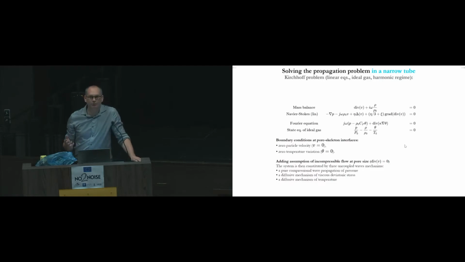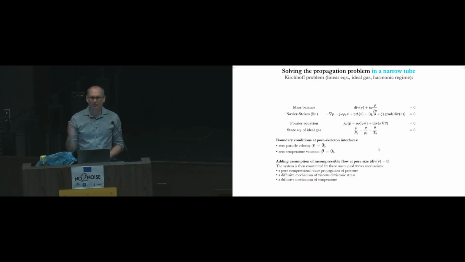And we can add, of course, boundary conditions to solve this set of equations. The boundary conditions are that we have no velocity at the boundary between the air inside this narrow tube and the skeleton, or the solid part of the narrow tube. And we also have zero temperature variation at this interface, because we assume that the skeleton will stay at the temperature of the room.